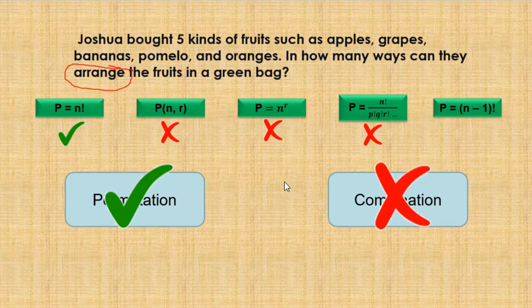Based on our problem, the number of elements is 5 fruits. Upon replacing n by 5, our solution becomes P is equal to 5 factorial. In expanded form, that means 5 times 4 times 3 times 2 times 1. Upon multiplying all of this, we solve the problem, giving us 120 ways.